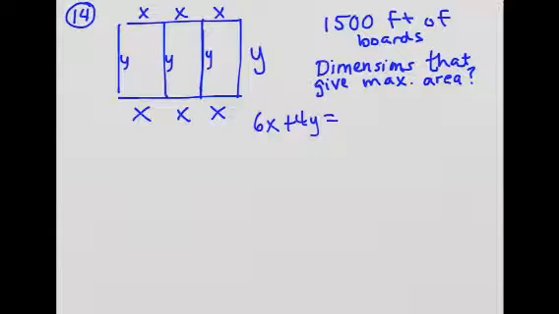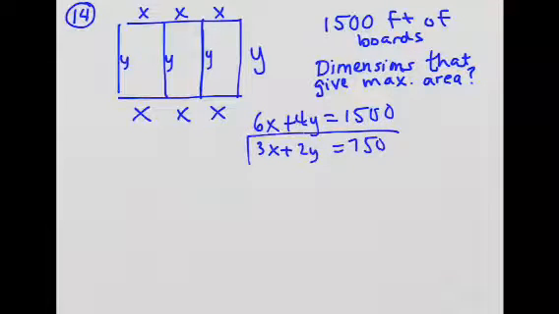That's going to equal 1,500 feet. Because that's a total, that's just the sum of all the boards, right? So 6x plus 4y equals 1,500. I can make this equation with smaller numbers if I want. I can divide everything by 2, so this will be 3x plus 2y equals 750. So I'm going to keep this equation right here.